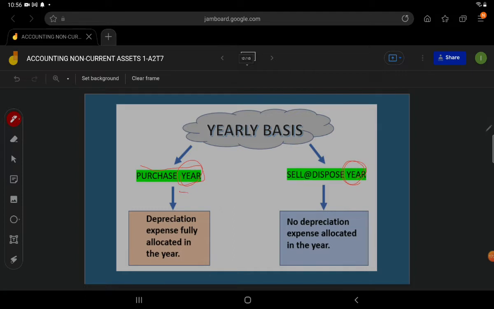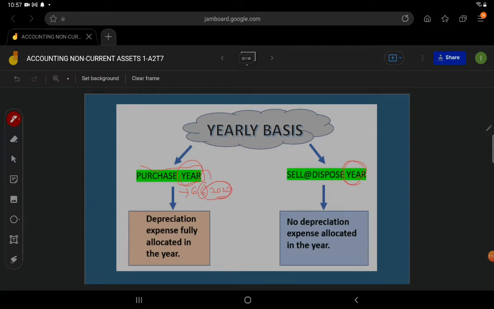Contoh, katakanlah 2020 beli aset. Beli aset bulan 6 pada tahun 2020. Tahun 2020 kita tengok pada tahun dia.